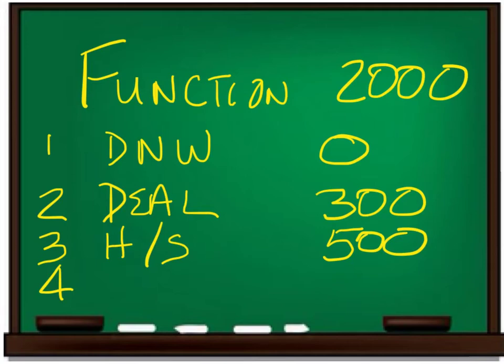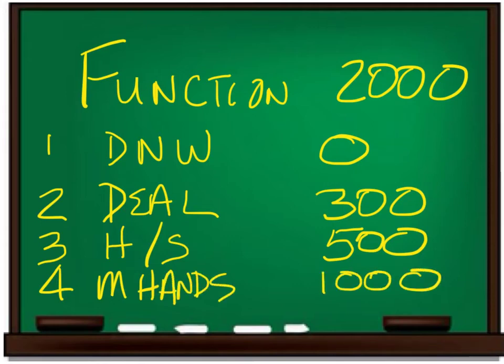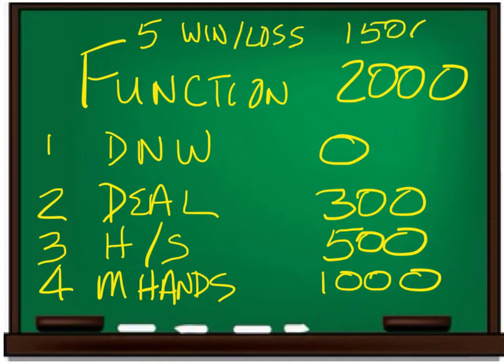If you can make it through more than one hand, if you go through multiple hands, then you can get to 1,000. And I'll have to put this up here at the top. For the 5th one, if you can make it through multiple hands and your winning has been accounted for, like how many games you've won and lost and things like that, win-loss, then you'll make it to 1,500.